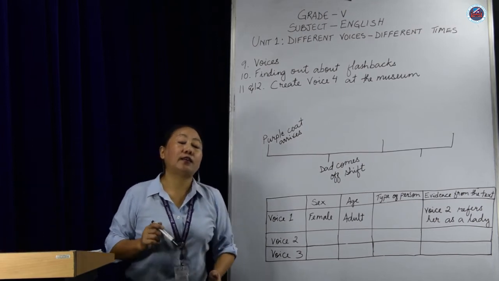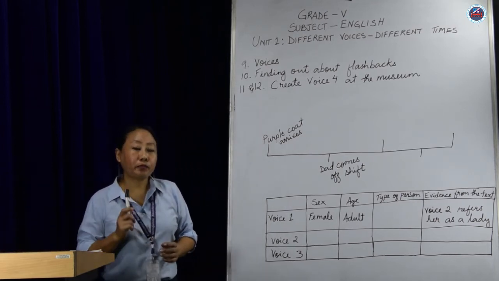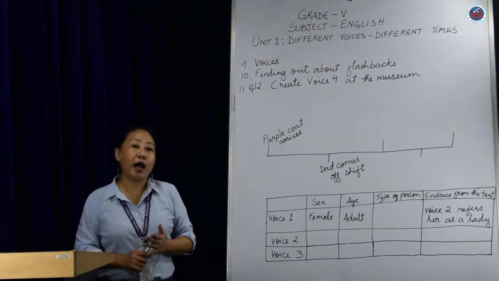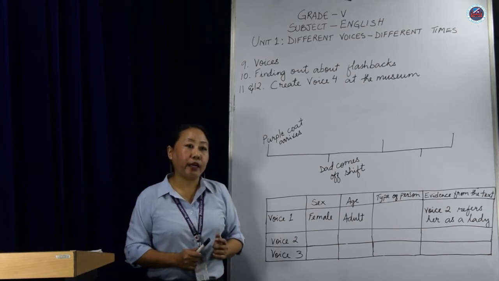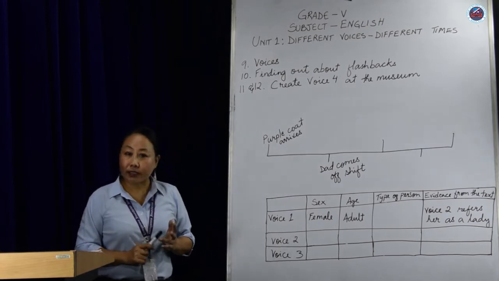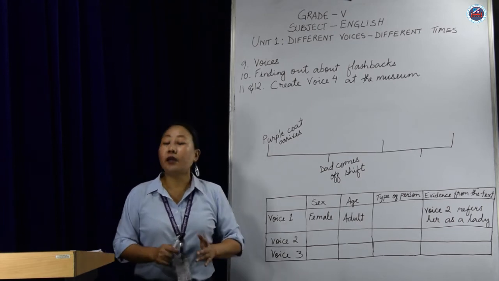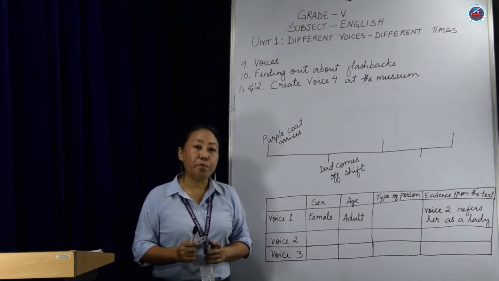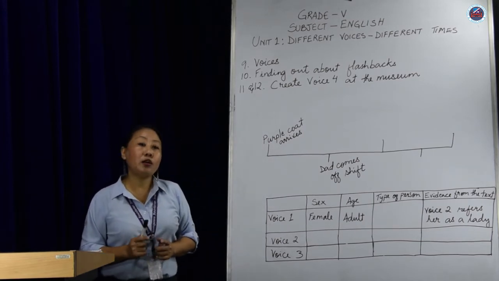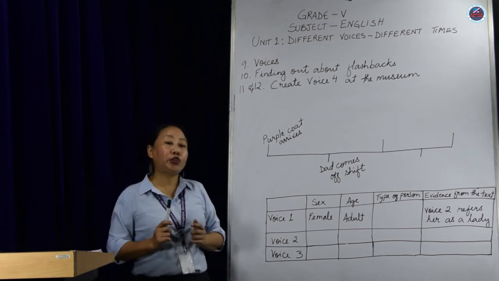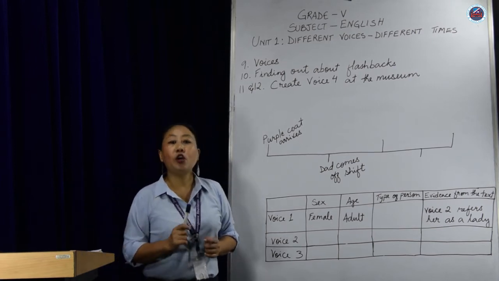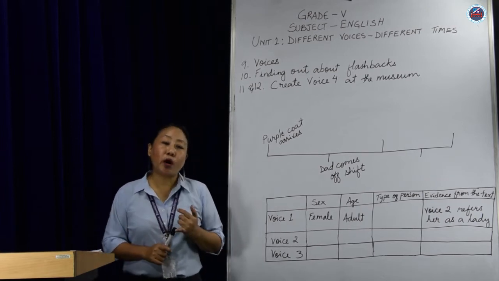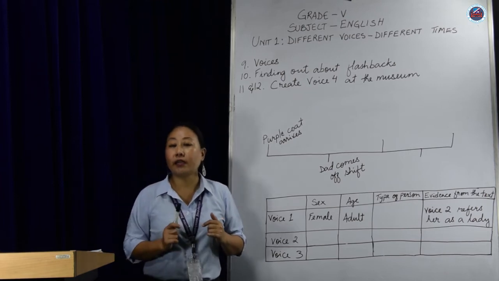Standard English is the correct format and style used in books, newspapers, official documents and business. So in writing, we should use complete sentences, paragraphs, correct grammar and punctuation, but do not use colloquialisms such as contractions or slang. As you read through the different voices in the museum, we find that voice 1 uses the most correct English.